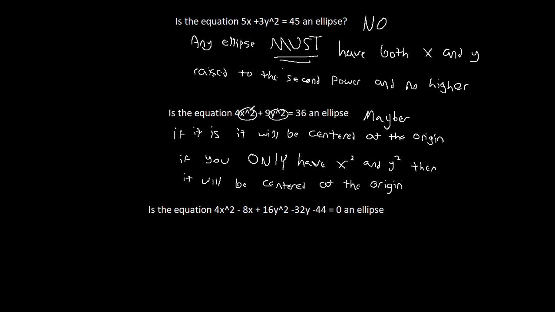We only have x squared, we only have y squared, so we know this is going to be centered at the origin. So what about this? Is this equation an ellipse?